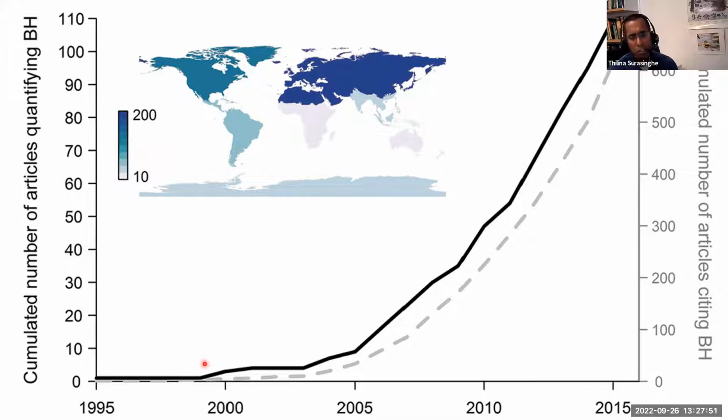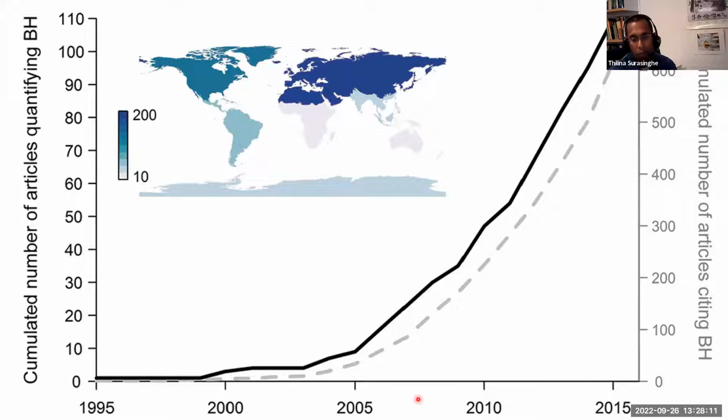I can remember the first paper being published. But the interesting scenario is that for another 5 years, there's a slow pickup in research interest, and then a tremendous and growing increase in publications emerging based on biotic homogenization.